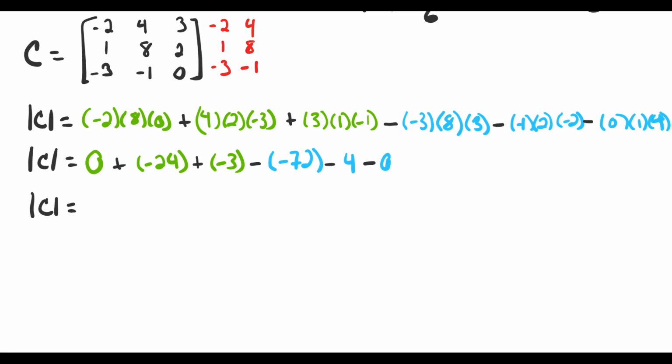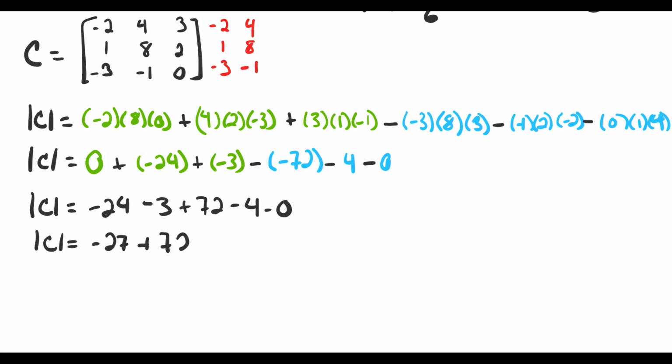So the determinant of C, 0 plus a negative 24 is a negative 24, minus 3, because I'm going to combine signs, plus 72, minus 4, minus 0. So negative 24 minus 3 is going to give me a negative 27, plus 72 minus 4. That 0 just kind of goes away.